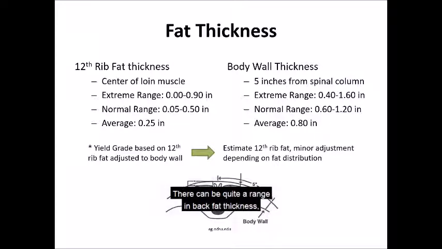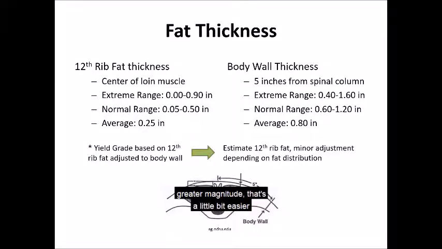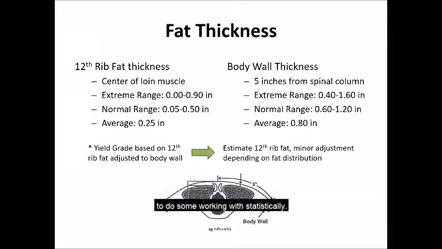There can be quite a range in back fat thickness, but typically average is about 1/4 of an inch. That's a pretty low magnitude measure that's not highly variable. It's variable, but not highly variable. And so 12th rib fat thickness can be adjusted based on body wall thickness. Body wall is also shown here, 5 inches from the spinal column on that same side. Total tissue thickness, and there's a wider range, greater magnitude, thus a little bit easier to do some working with statistically.